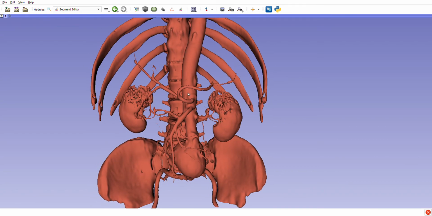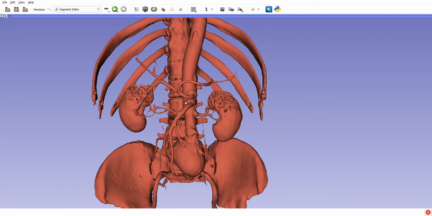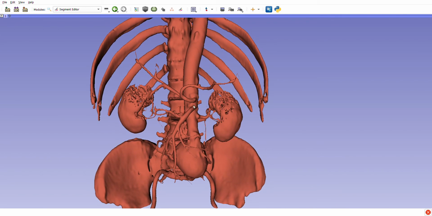So here's the abdominal aorta, here's our big aneurysm down here, and we can see the various branches. We can see the celiac trunk coming off here, and we can see the splenic artery heading to the left, and the common hepatic artery heading towards the right.